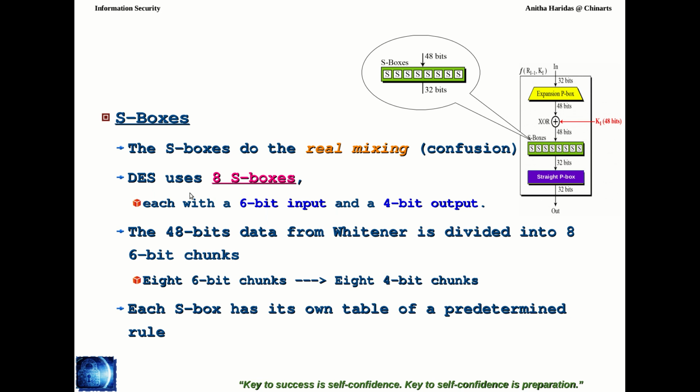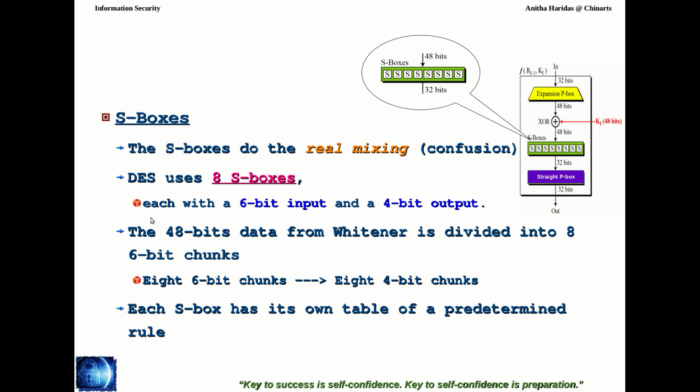Okay, so what happens here? DES uses 8 different S boxes, and each S box has a 6-bit input and a 4-bit output. You can see 1, 2, 3, 4, 5, 6, 7, 8, 8 S boxes are there.